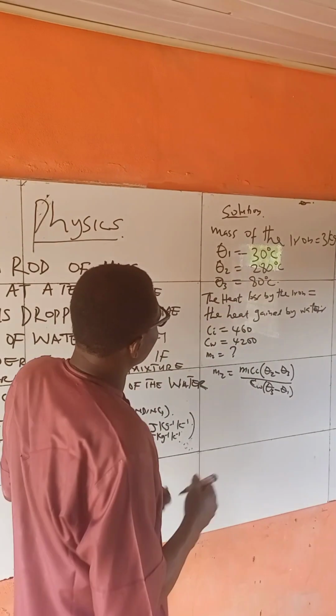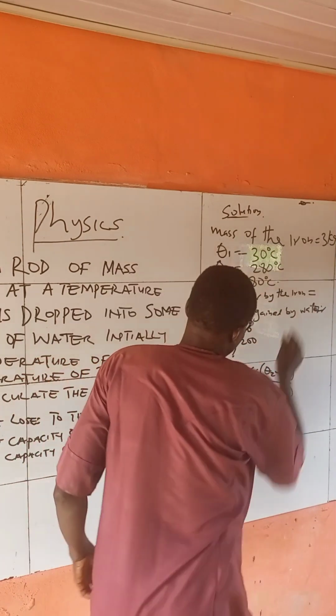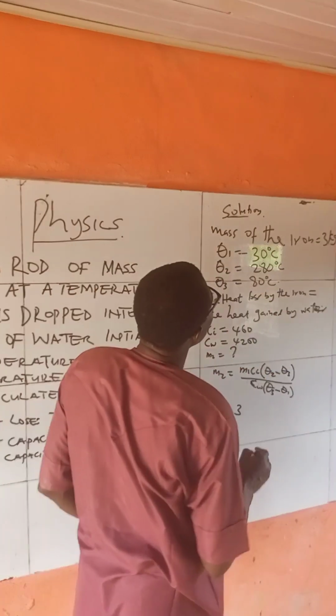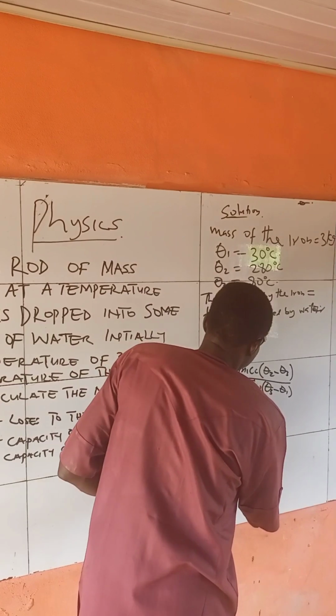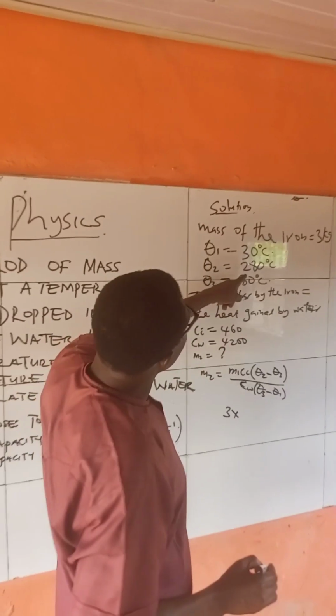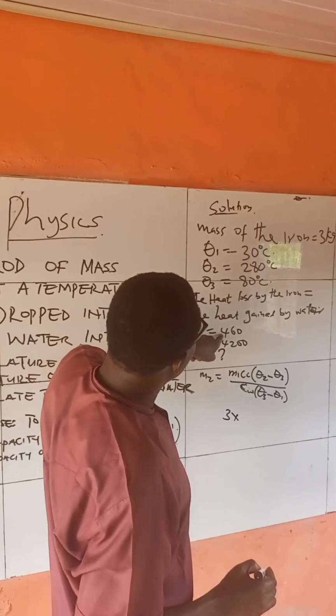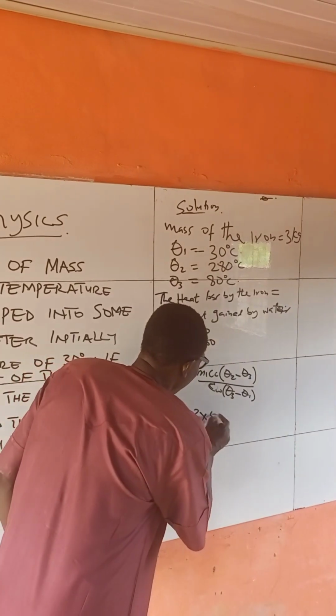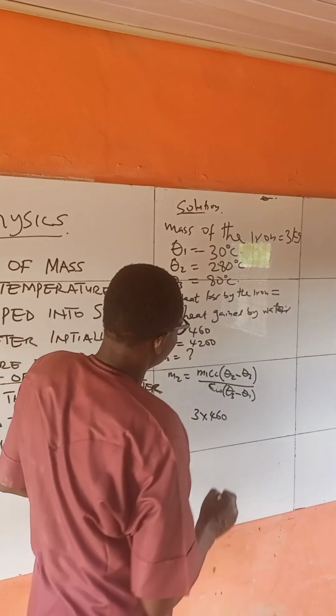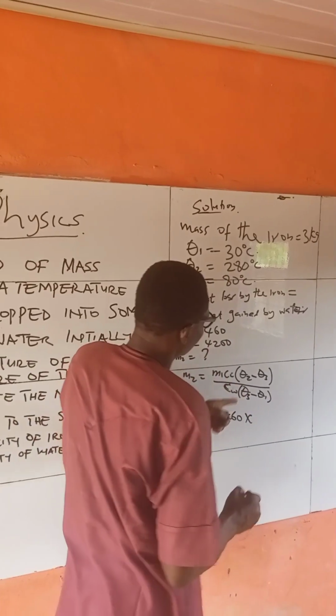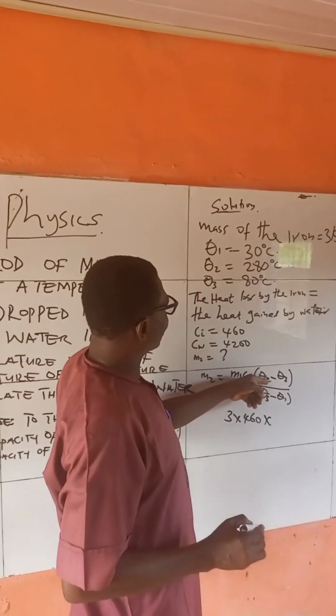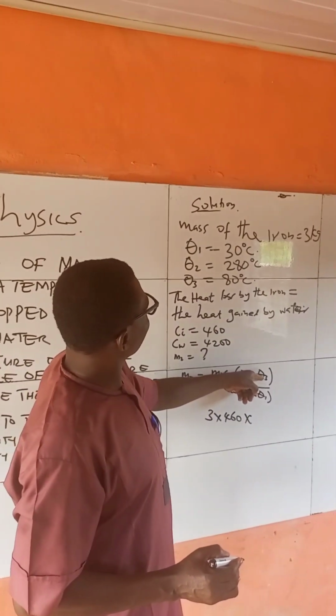Our M1 is 3, multiplied by our Ci, 460, multiplied by the difference between theta 2 and theta 3.